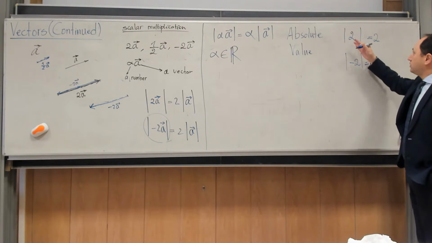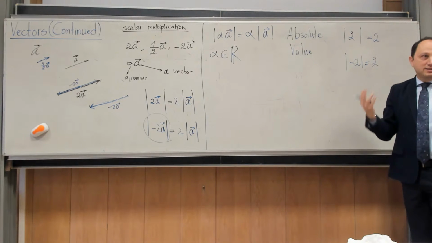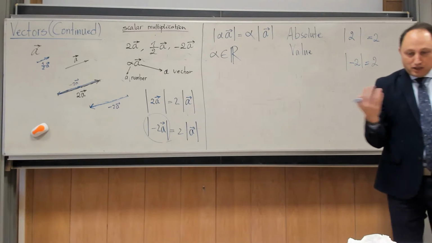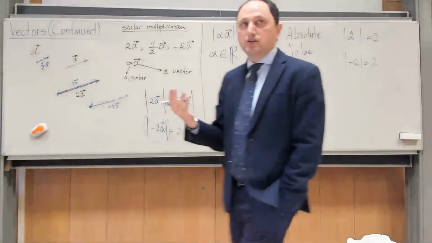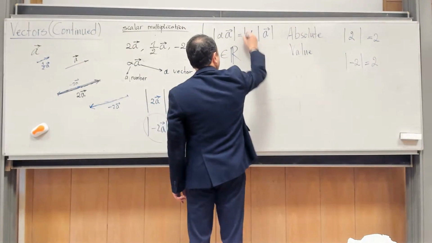So the absolute value of any number is the magnitude of that number. Even though you might say, I don't have magnitude for a number, you can imagine it regardless of the sign. So then the correct form is this one.